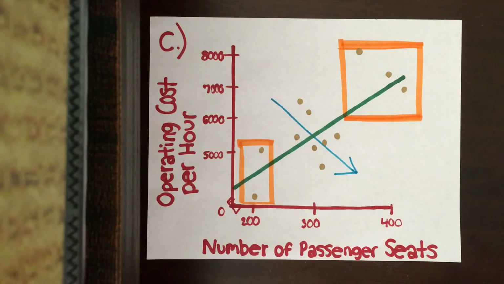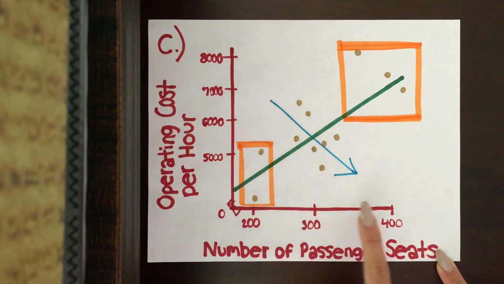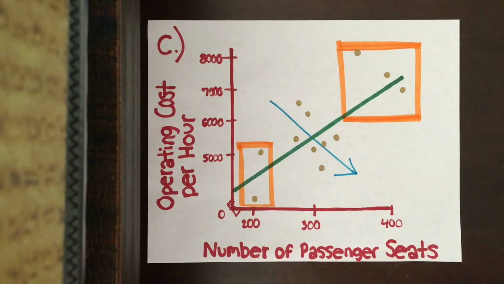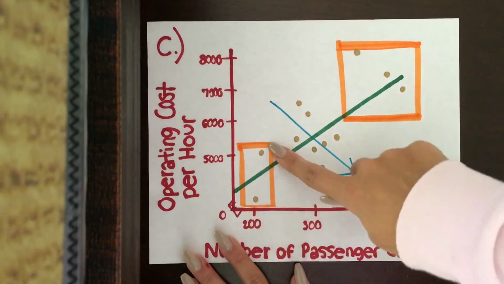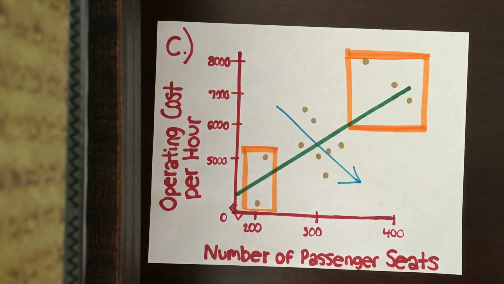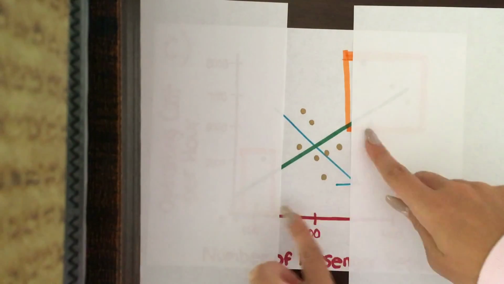We can view these points from 200 to 250 and 350 to 400 as potential outliers. This would influence the change on this line. I've outlined them right here in orange so we can clearly see them. If we were to take away the values at 250 and 350, this would not accurately describe our linear regression line.